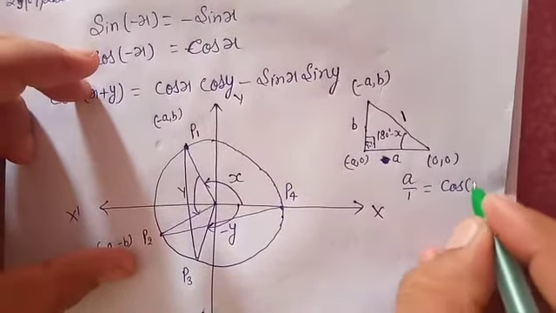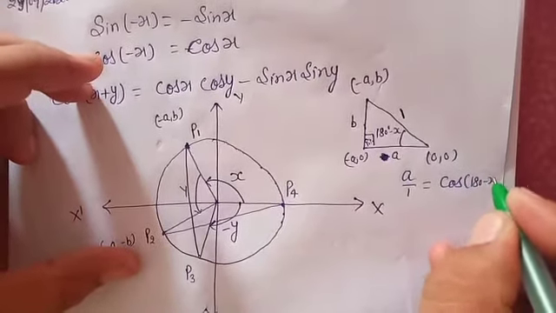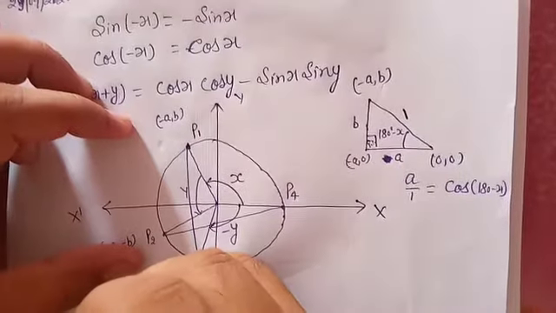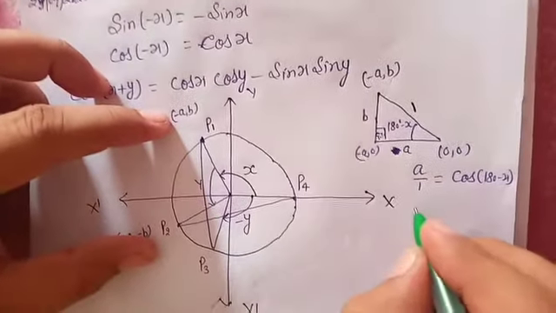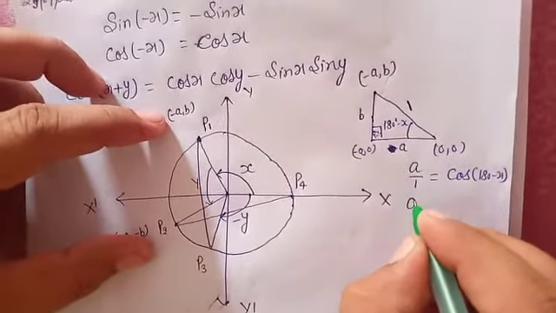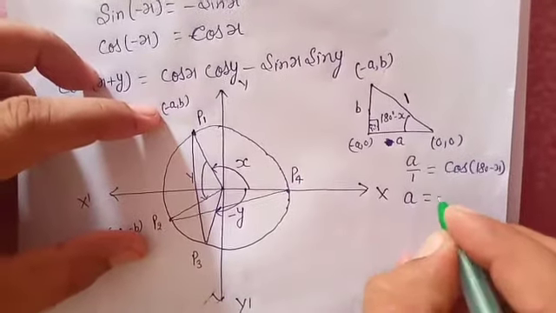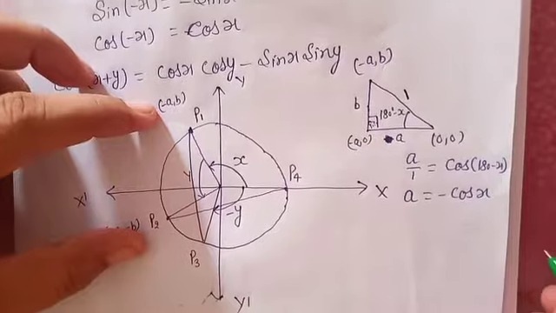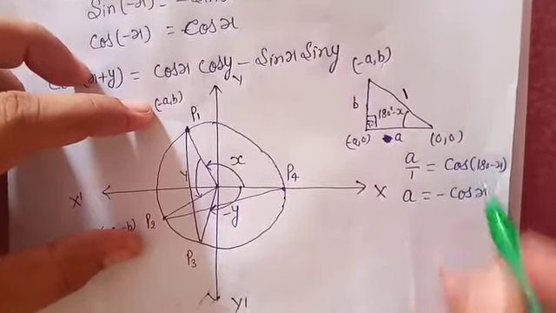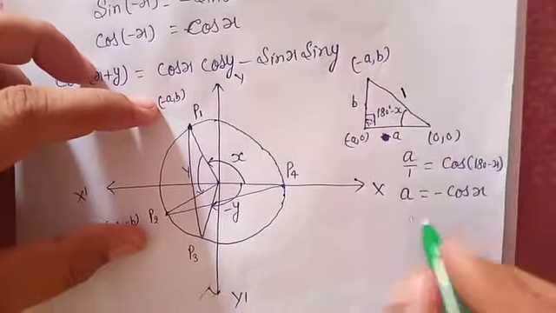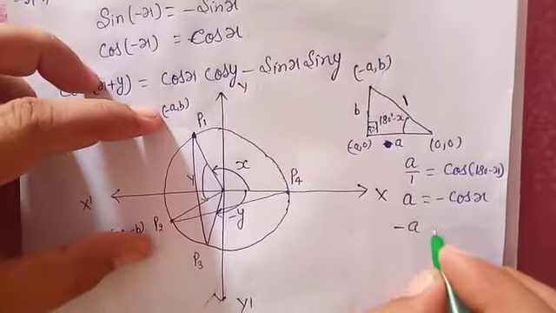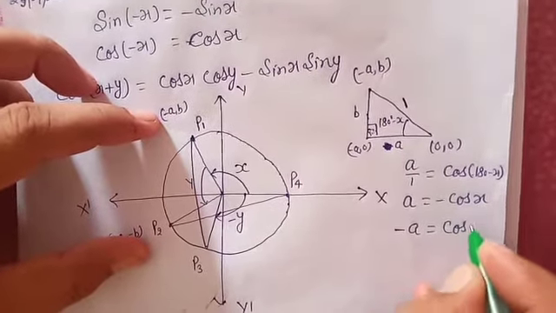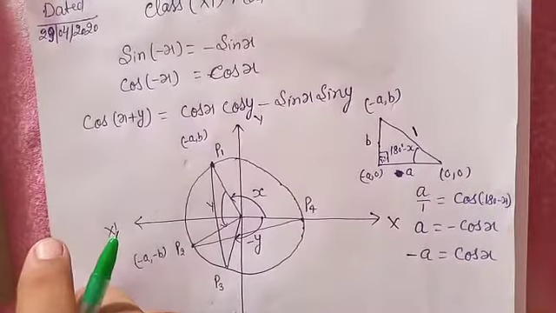Cos of 180 minus x. Understood? A is equal to what? Minus cos of x. So minus a is equal to what? Cos of x. In second quadrant, cos is negative.